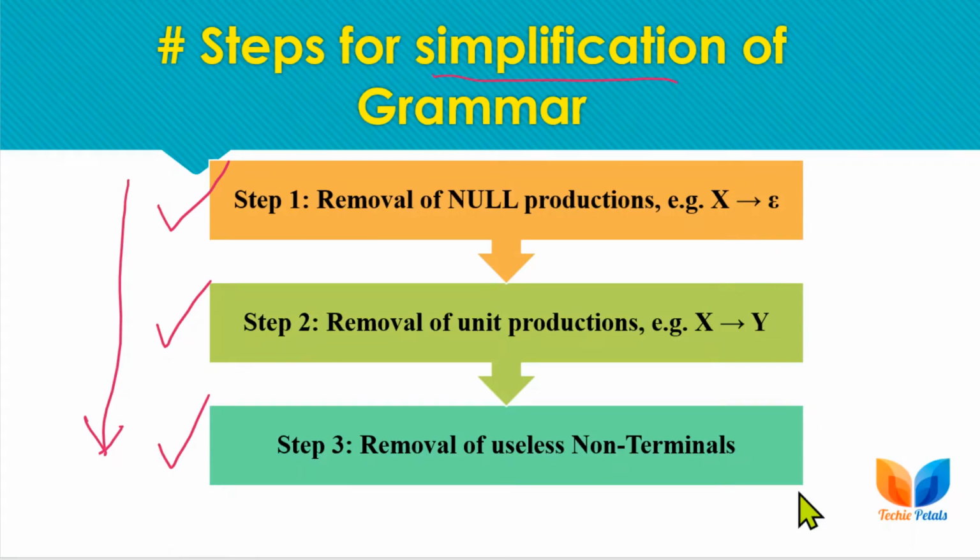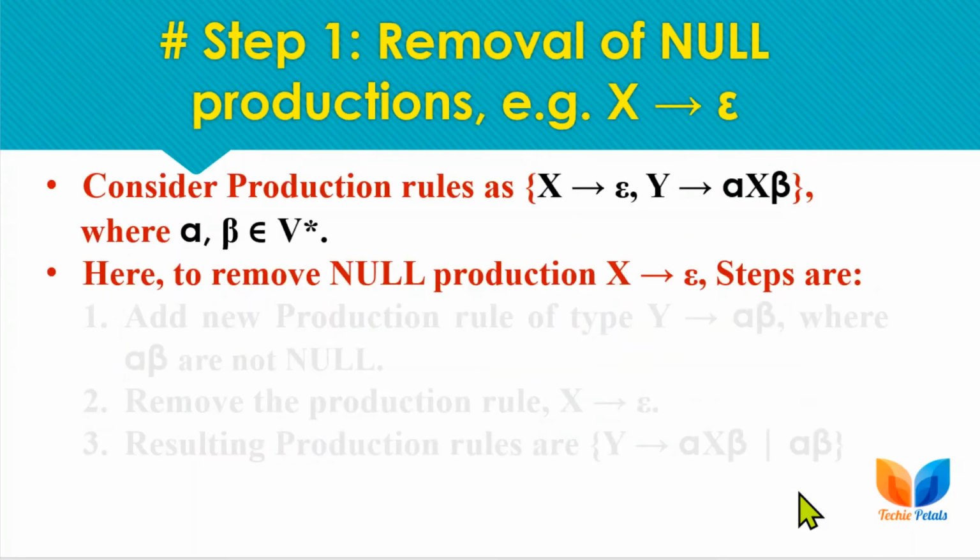Go with the null production removal, then the unit production, and then in the last you can remove all the useless symbols. Starting with the first step, removal of null production, we have already practiced this method in the left recursion removal question also. So let's revise the concept.